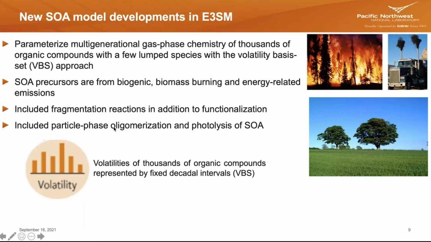We also include the particle phase oligomerization and photolysis of SOA. A lot of the climate models don't have this complexity of processes, which are observed from field and lab experiments. What they would do is change the spatial distributions, the vertical distributions, and lifetimes of SOA, and by doing that, they affect their interaction with clouds and radiative forcing.